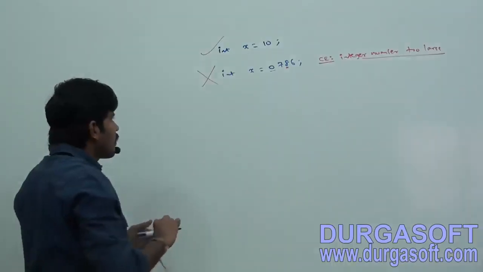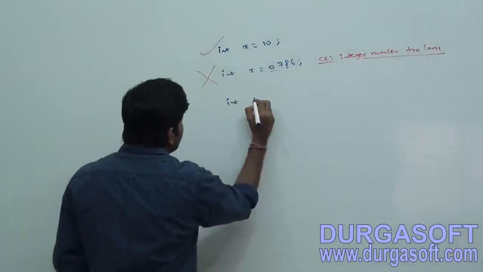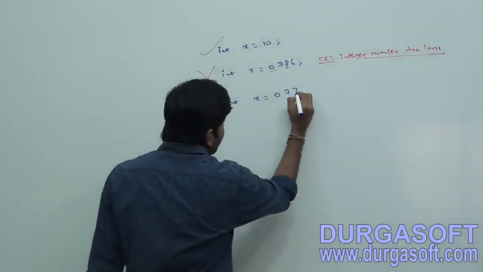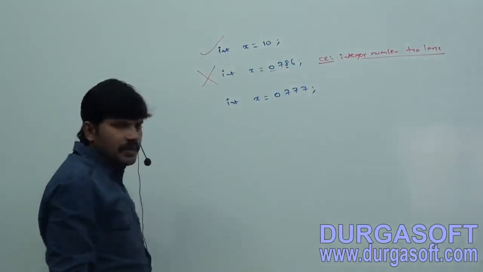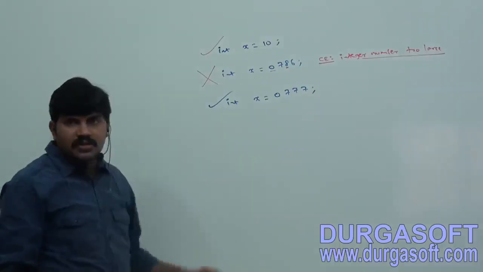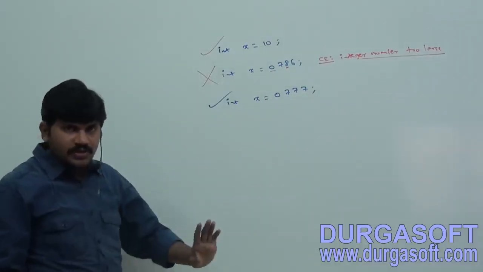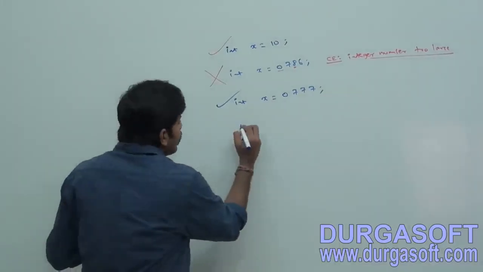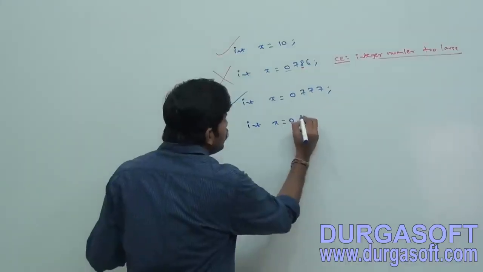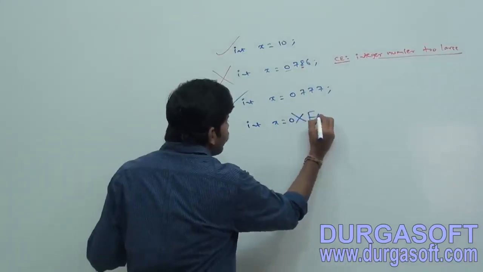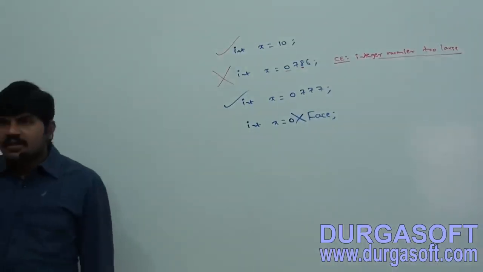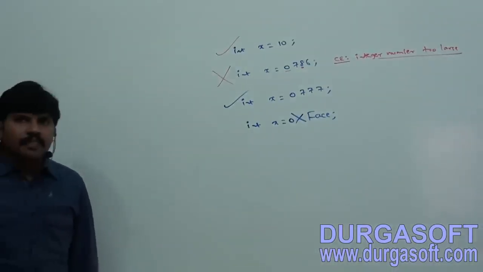Next, int x is equal to 0777. Valid or not? Perfectly valid, no problem at all. It is a valid combination. Next, int x is equal to 0xFACE.